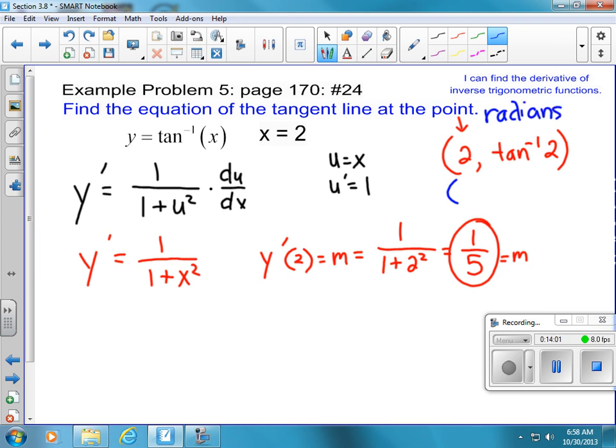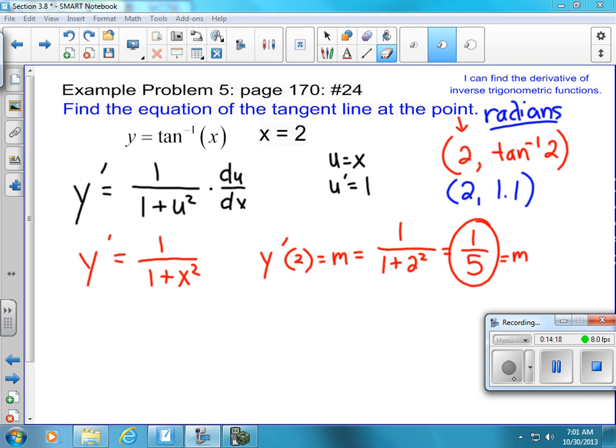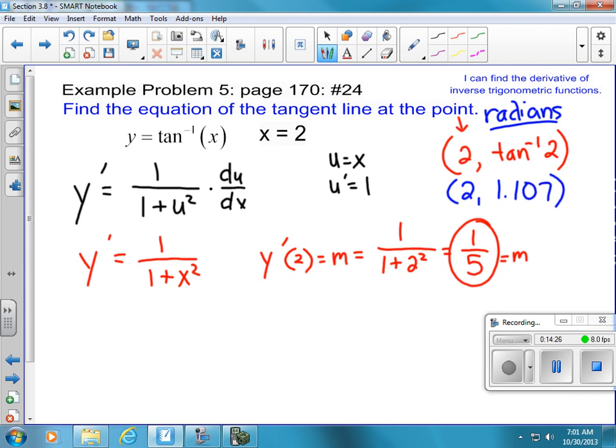In calculus, we always use radians. So if you like degrees, you need to convert to radians. And I believe you get a 1.1 if you put this in your trusty calculator, although you should have 3 decimal points. So I think if you look this up, you get 1.107. And now we just need to write our equation for our tangent line. So that equation is y minus 1.107 equals 1/5 times x minus 2.